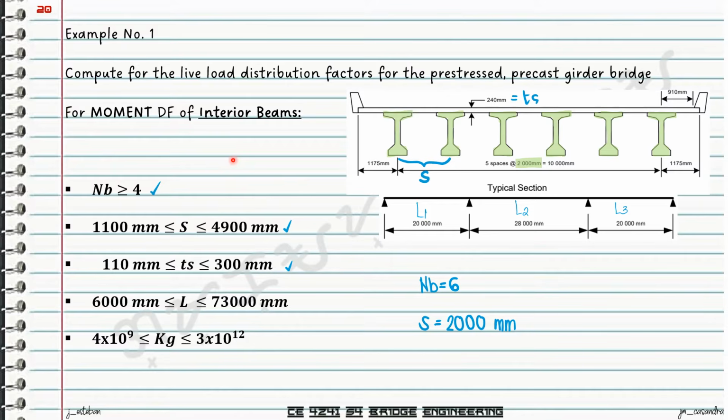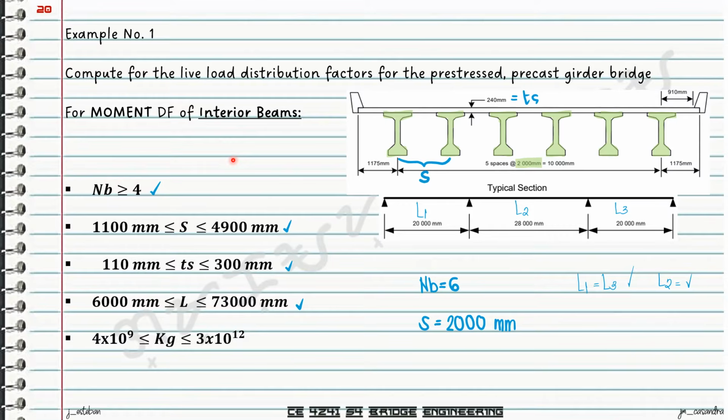For L1 and L3, they both are equal to 20,000 millimeters. Checking the range, it's within 6,000 and 73,000. Therefore, L1 and L3 satisfy the condition. And L2 is equal to 28,000 millimeters. So it's also within the range. So L2 satisfies the condition. Therefore, all our spans are okay with the condition.